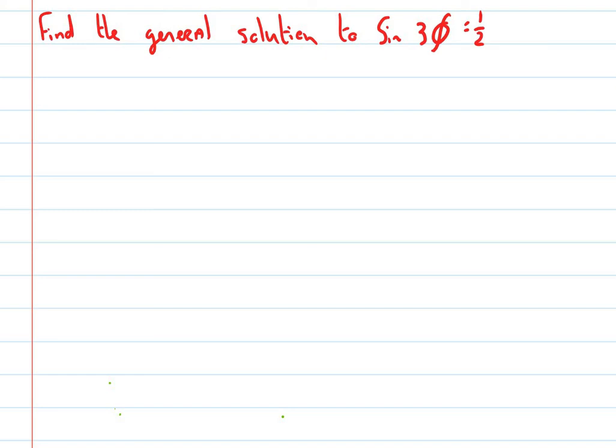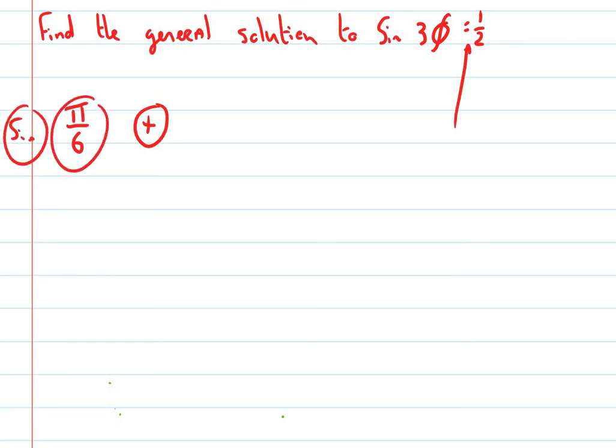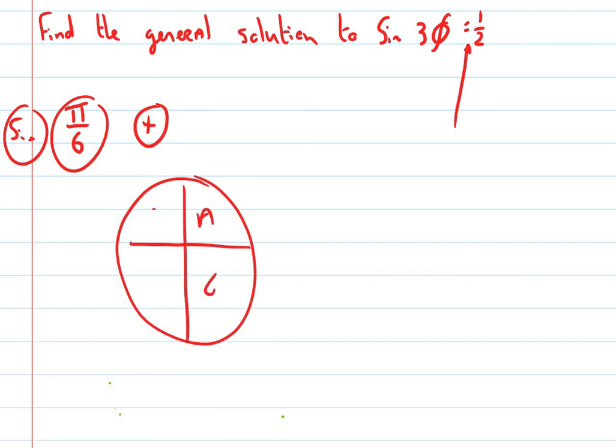So the inverse sine of a half is pi over 6, and it is positive, and it's sine. So we have sine pi over 6 is a half. I'll just sketch my unit circle, CAST. Pi over 6. We're looking for where sine is positive. Sine is positive here and here.